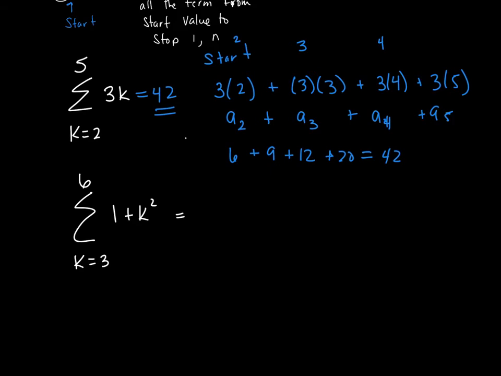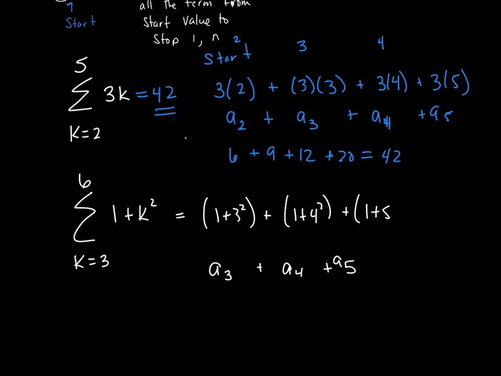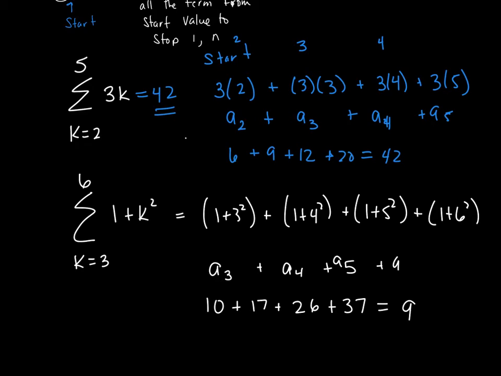So this would equal my third term, which would be 1 plus 3 squared, plus the fourth term, which is 1 plus 4 squared, plus the fifth term, which is 1 plus 5 squared, and the last one, which is 1 plus 6 squared. So that is just 10 plus 17 plus 26 plus 37. So the summation is equal to 90.